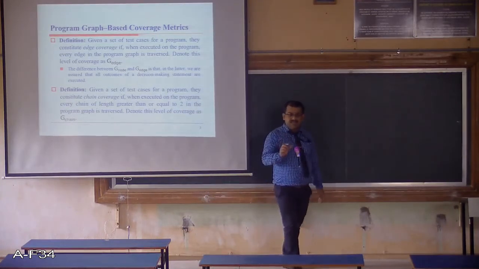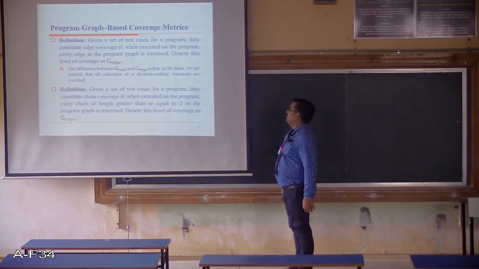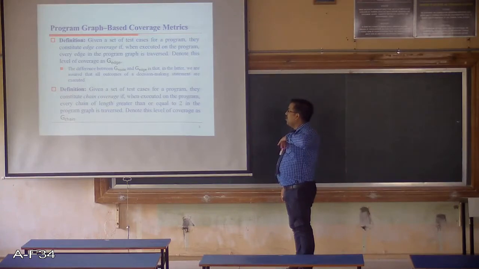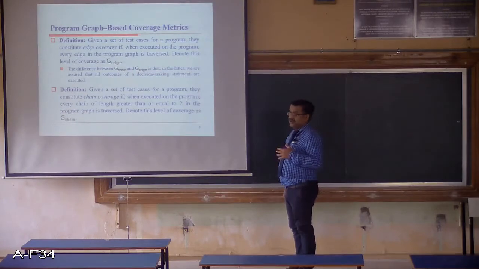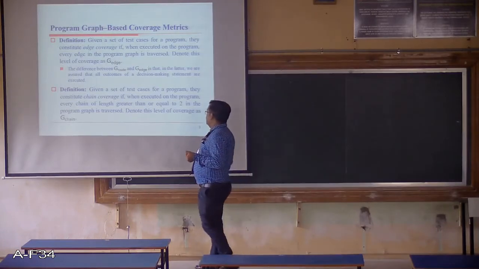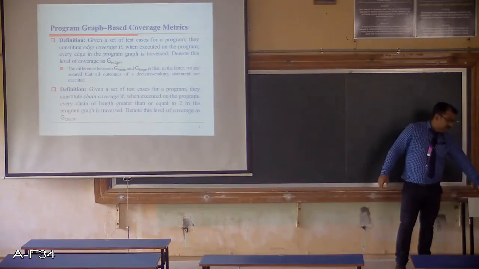So test cases are designed such that, when executed on a program, every chain of length greater than or equal to 2 is checked. This coverage is denoted by G chain, as you can see.